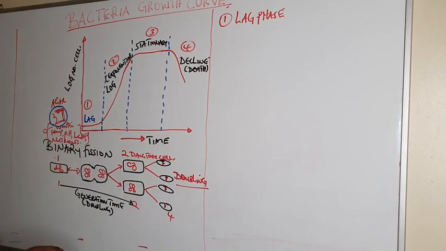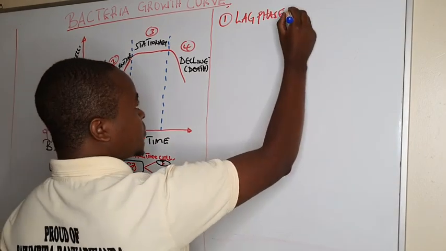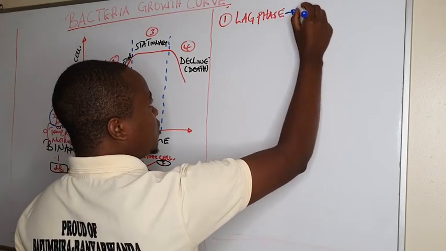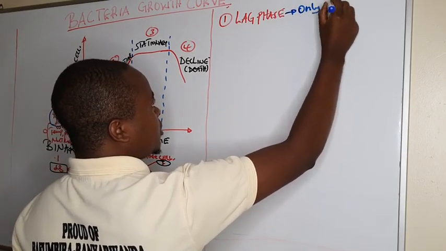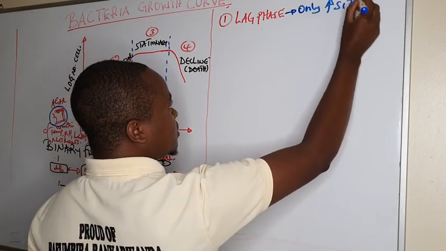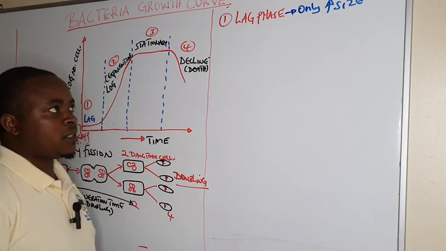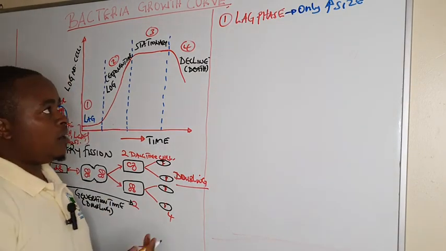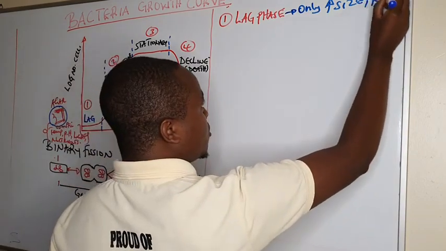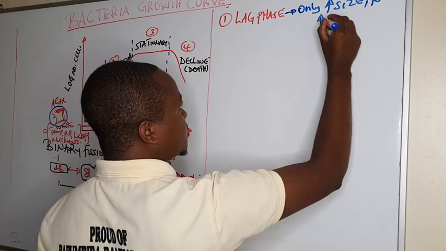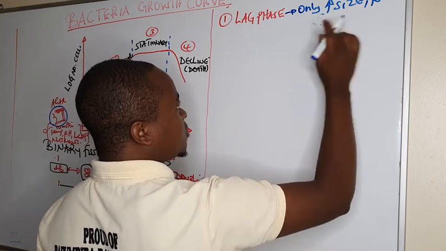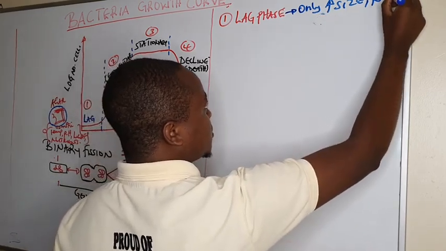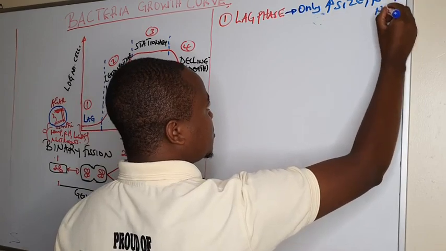And here, in this lag phase, there is only increase in size. The bacteria is increasing in size, but there is no appreciable increase in number. So there is no increase in number of bacteria.